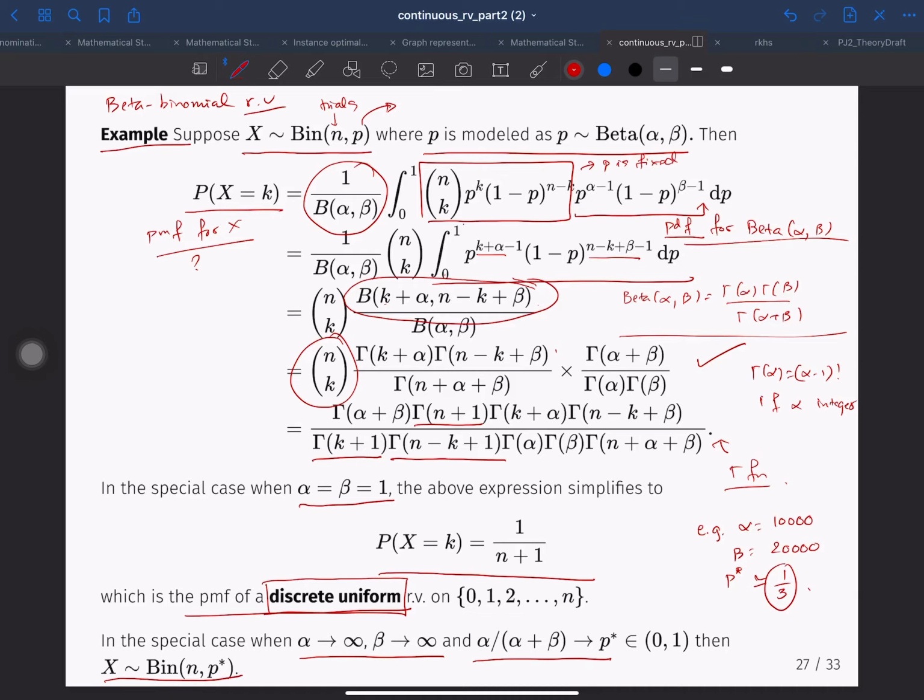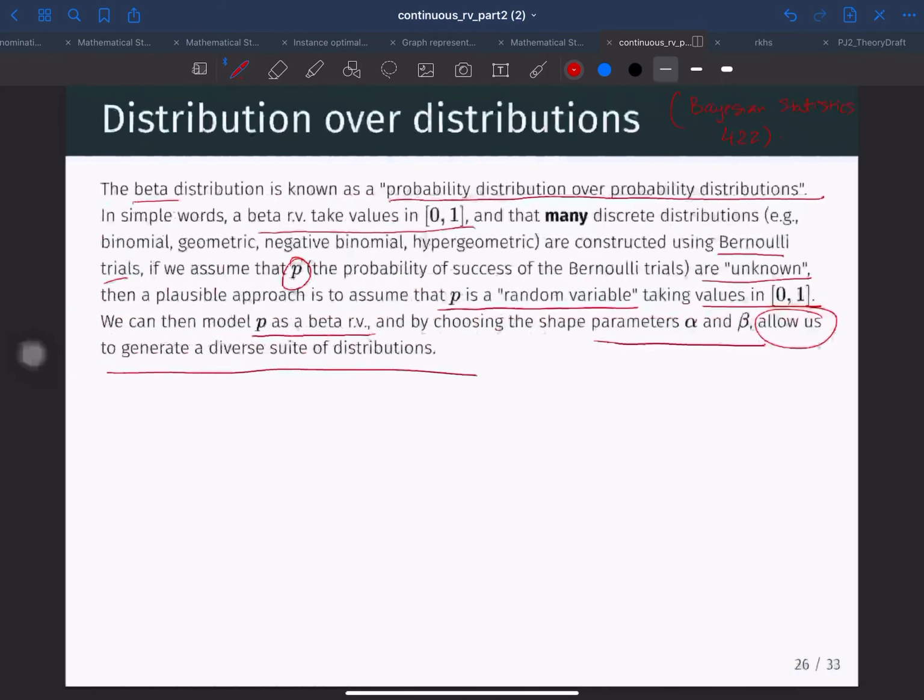So by choosing different shapes, we get different distributions. This justifies the meaning of a distribution over distributions. By choosing the alpha and beta parameters, we can induce other distributions.